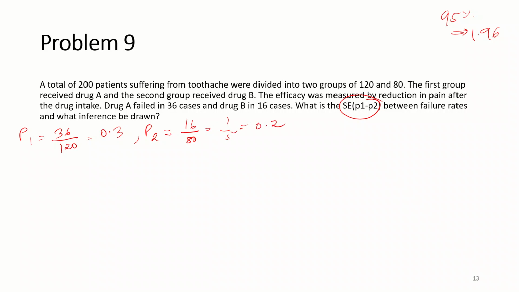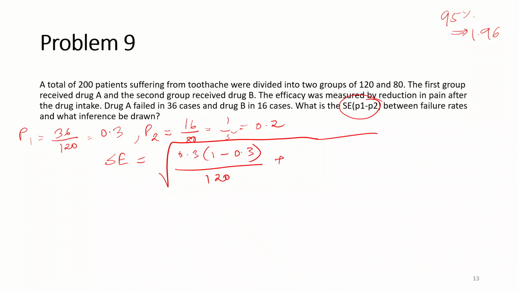So here comes the standard error, for which the formula is given. It will be 0.3 times 1 minus 0.3 divided by 120, and similarly for the second group. If you remember this formula, we have used it in the previous questions when we were discussing this section.